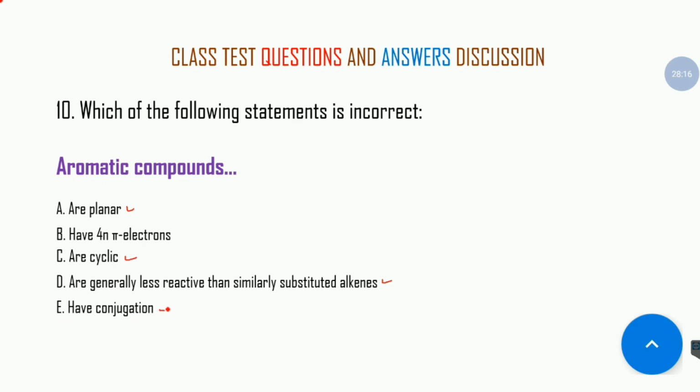The formula for aromatic compounds is 4n plus 2 pi electrons, and this other one is the formula for anti-aromatic compounds. So option B is the incorrect statement for aromatic compounds. Okay, understood? So I hope you get all your answers and understood why your answer is correct or maybe wrong.